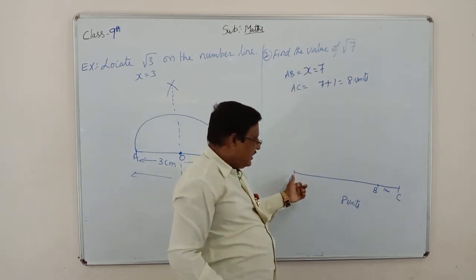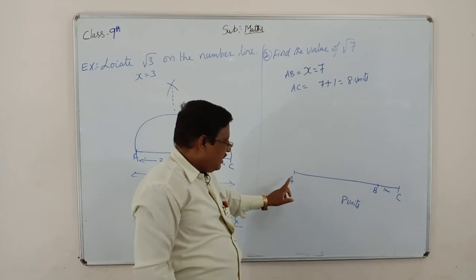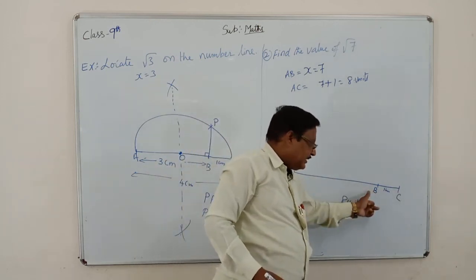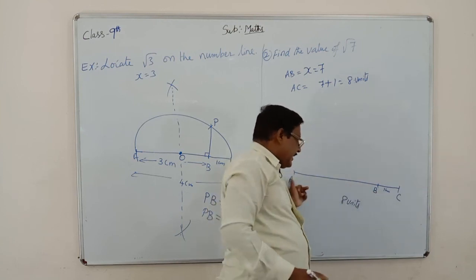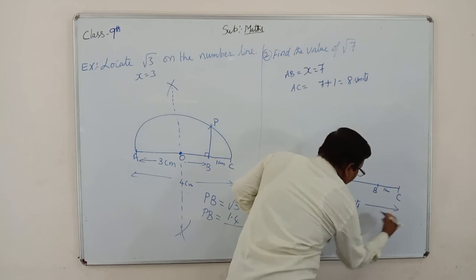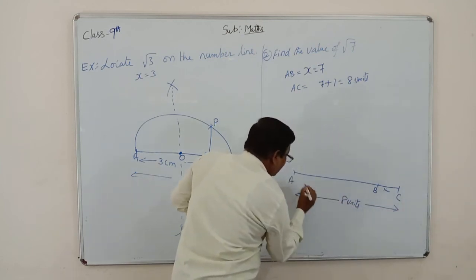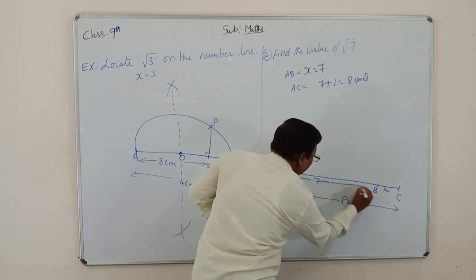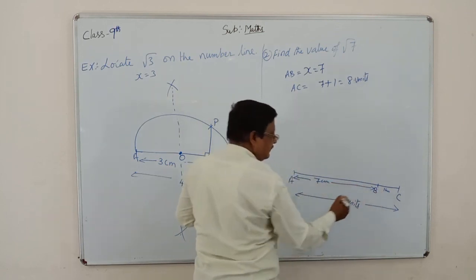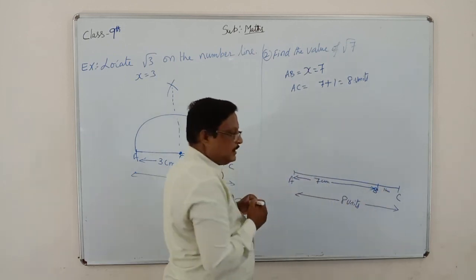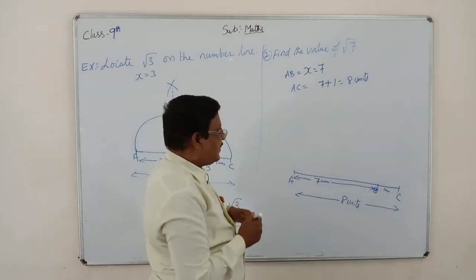After drawing the 8 centimeter line, mark this as A and this as C. From the right side, 1 centimeter, this is B. From A to here is 7 centimeters, and from here to here 8 centimeters.